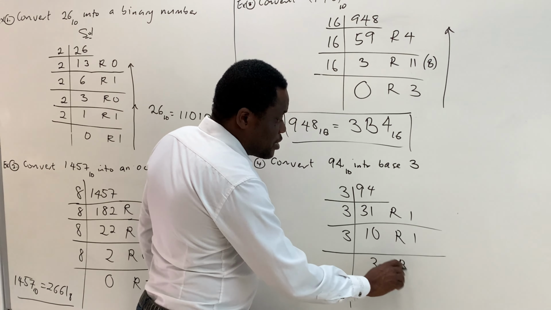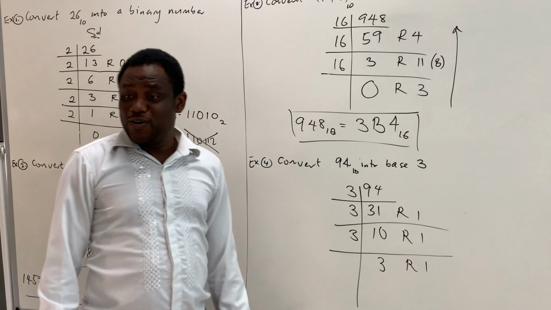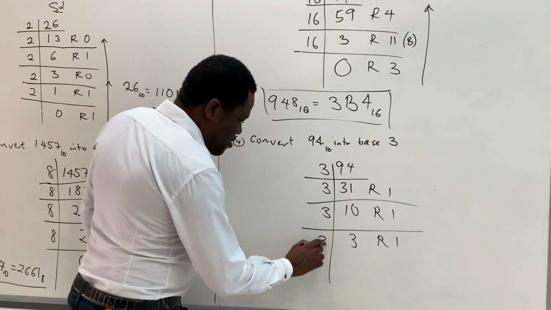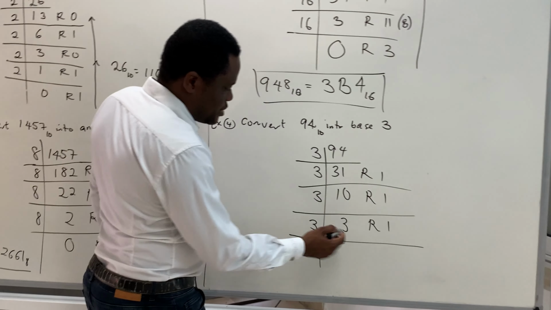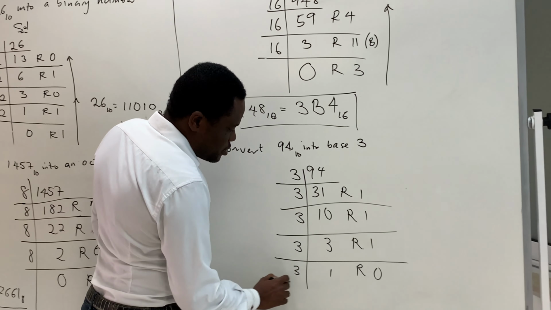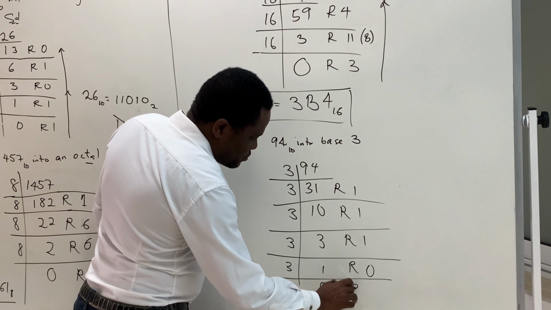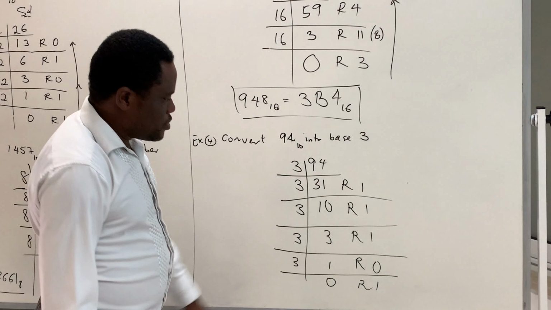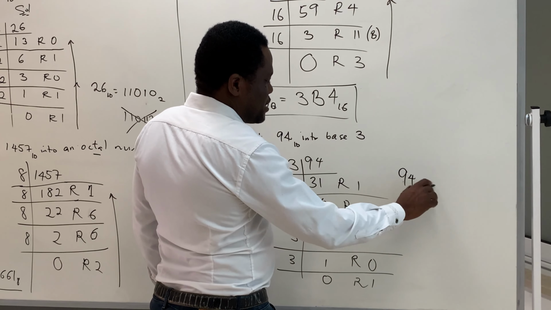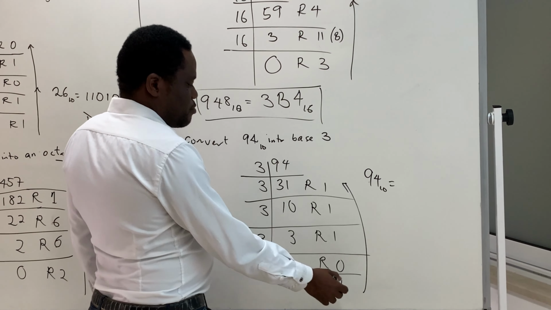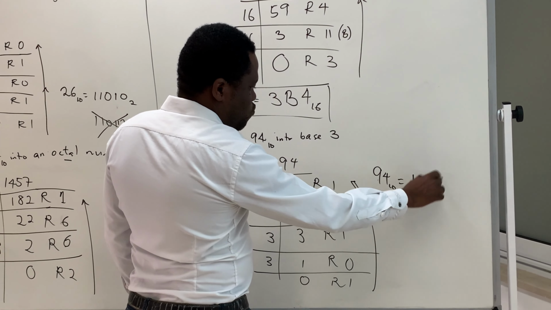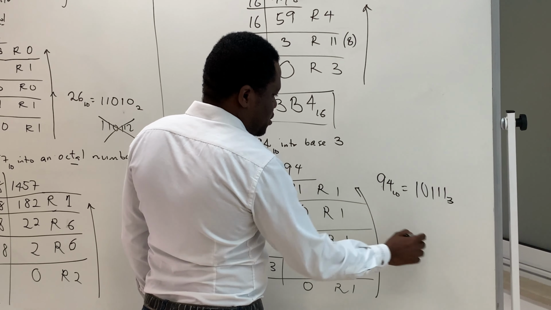What is left is 1. Write everything 1. Okay. 3 goes in 3, yes, 1 times. What is left? Nothing. 3 goes in 1 is not possible. What is left is 1. So it has finished. So it means that 94 in base 10, read bottom up, is 10111 in base 2.